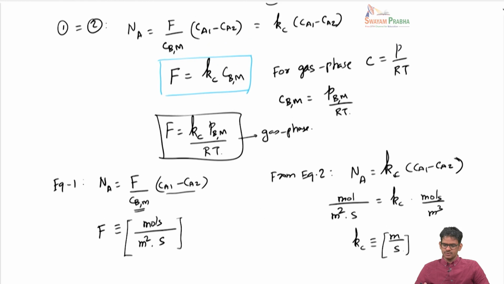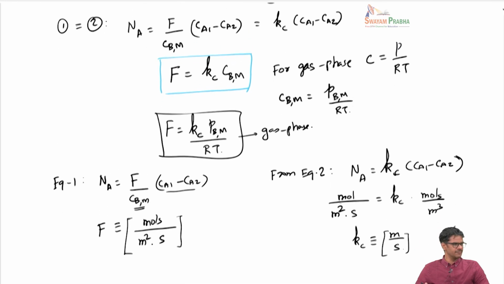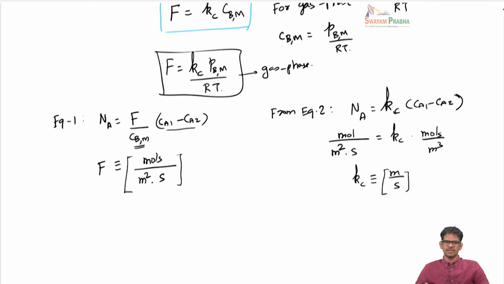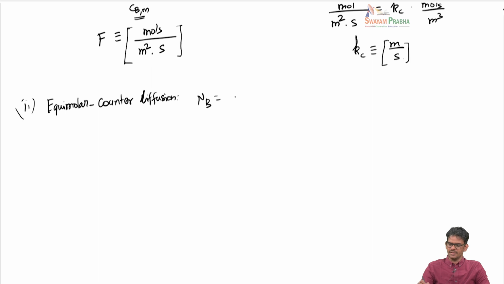So all this discussion so far is pertaining to diffusion of A in non-diffusing B. We can do the same thing for equimolar counter diffusion also. So if I consider equimolar counter diffusion, in this case NB is equal to minus Na, so Na plus NB equals 0.